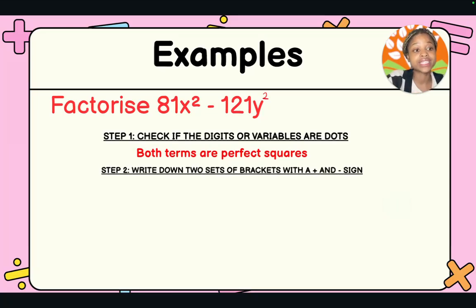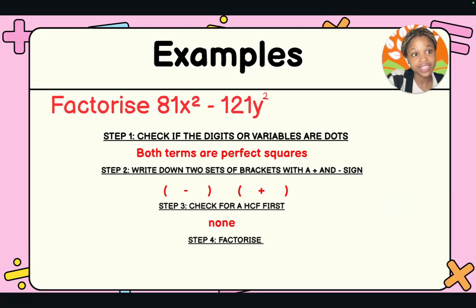Second step, write down two sets of brackets with a plus and a minus sign. There we go. Then we check for a highest common factor. There is none. Then we factorize. 9x plus 11y, 9x minus 11y. And this pretty much checks out.